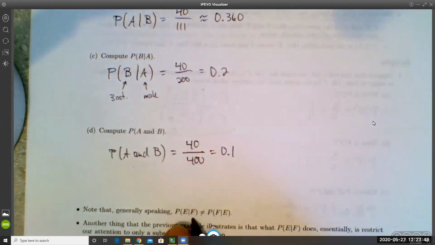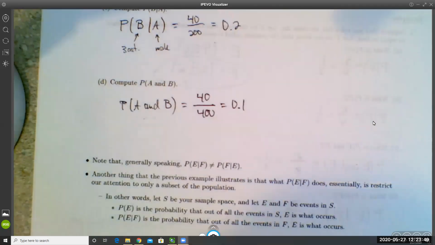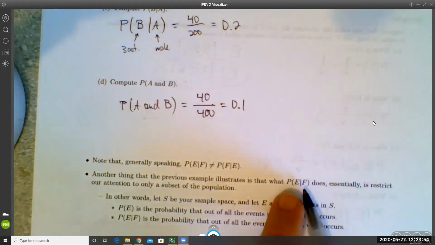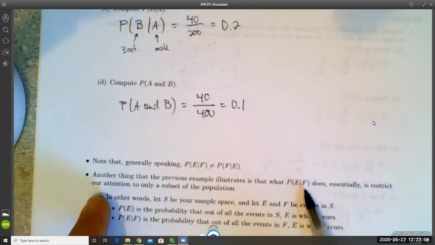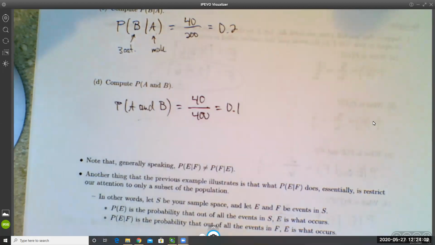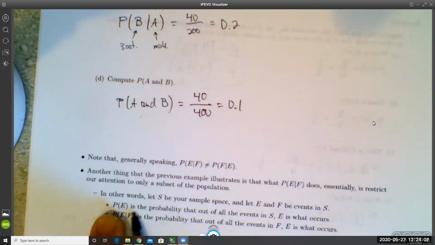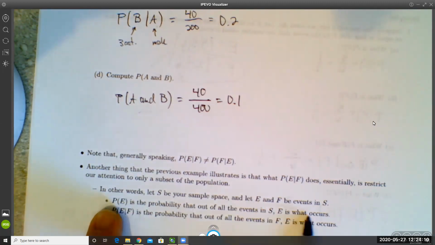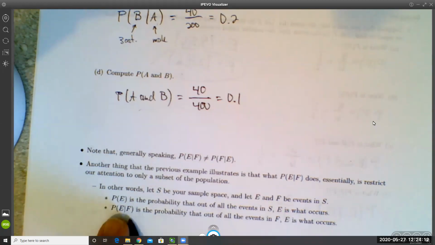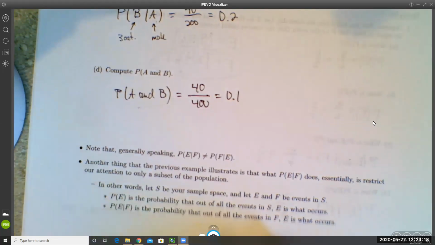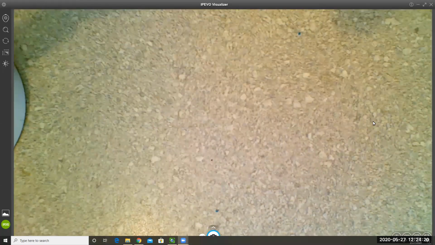So the probability of E given F is not the same thing as the probability of F given E. Another thing that it illustrates, as I've been saying, is that the probability of E given F restricts our attention to only F. Probability of E is the probability that out of all of the events in the sample space, E is what occurs. Probability of E given F is the probability that out of all of the events in F, E is what occurs. So that's what conditional probability means.